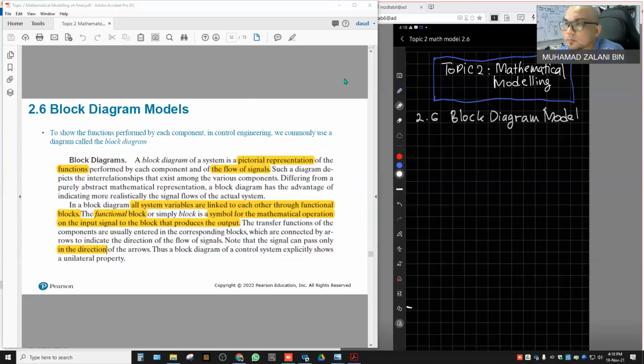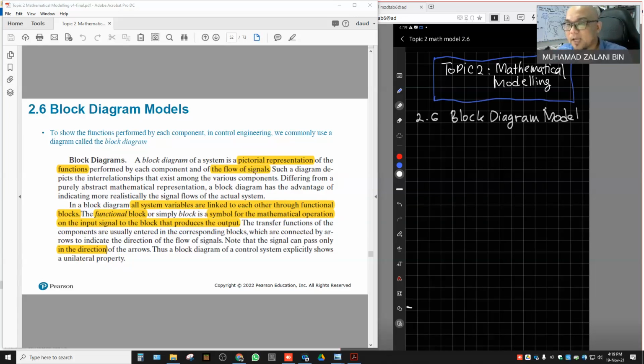So we know that in control engineering, we commonly use a diagram which is called the block diagram. So what is the block diagram itself? A block diagram, as you can see in this slide, is a pictorial representation of the functions performed by each component and of the flow of signals.